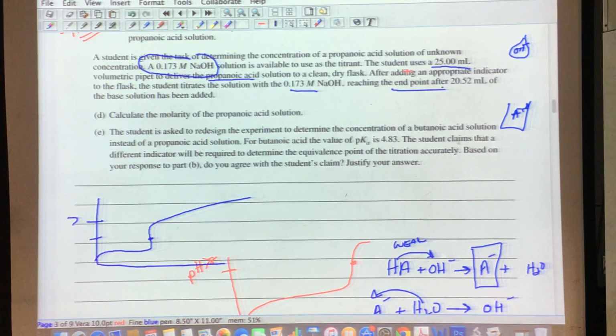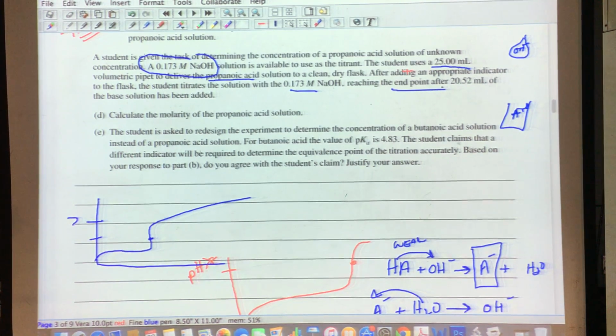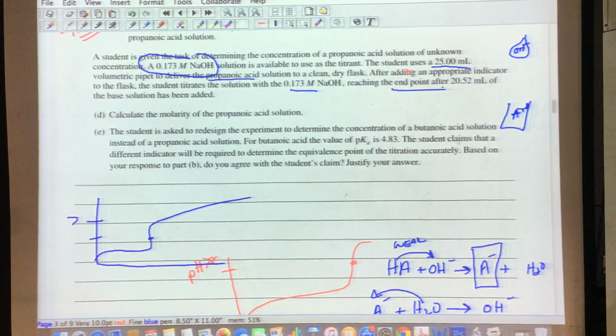The endpoint is the color change, and as we've learned, the color change may not be the perfect place where the protons equal the hydroxide. So this endpoint is telling me the color change told us to stop. It is almost exactly like the equivalence point, but it's not. It's a little bit off. But because these lines are asymptotic, the difference between the color change at this pH and at the equivalence point is almost insignificant, but you should know the difference.